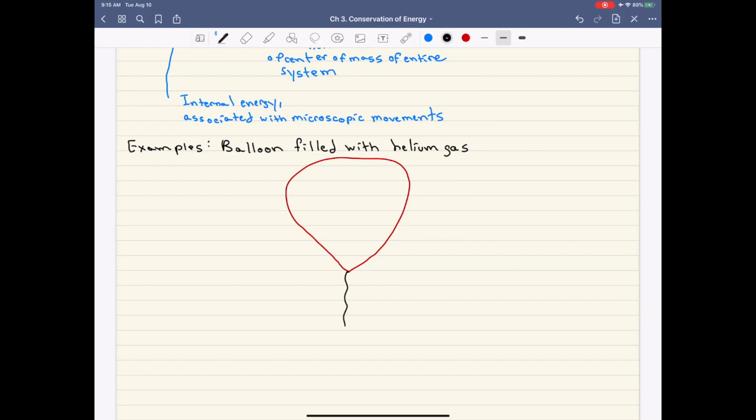And so this balloon that we're going to be talking about is going to be filled with helium gas or helium molecules. Helium molecules, it's a diatomic molecule. And so it's going to have two atoms here that are connected by a bond. So this bond kind of looks like a spring. Okay?